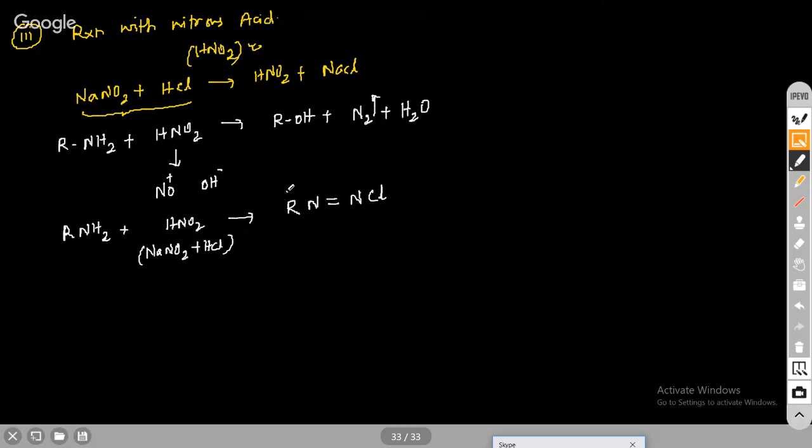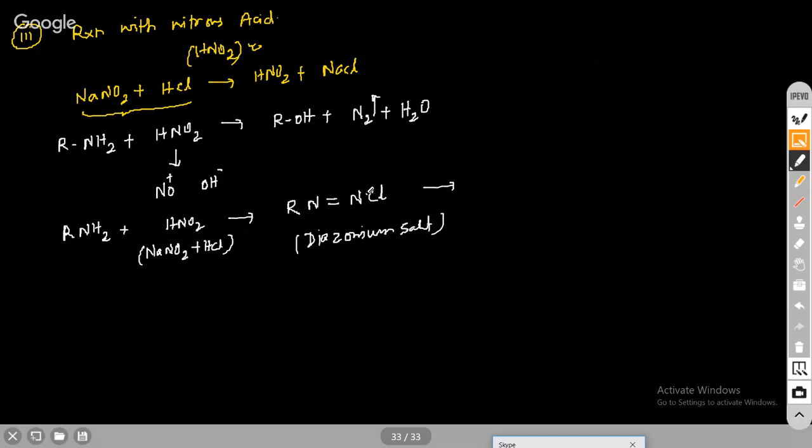And this we call a diazonium salt. You must have seen this diazonium salt in phenyl. Instead of this R, if you add a phenyl ring, a benzene ring, you'll get that particular compound. Okay, and then after this, what happens?